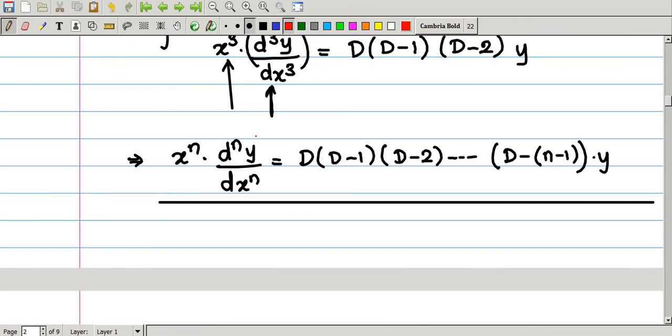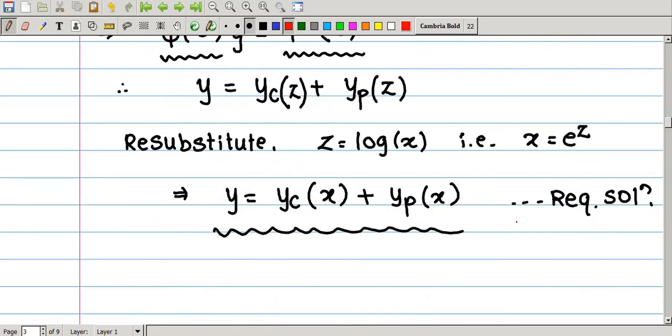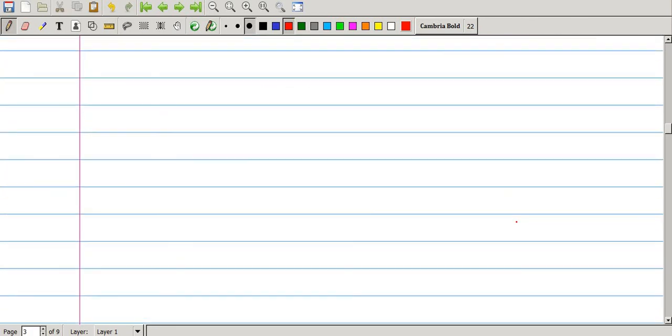If the derivative is of order n, then x must have power n, so that x raised to n into the nth derivative of y with respect to x will be replaced by n linear factors containing D, where D is a differentiation operator which will differentiate y with respect to z. Then resubstitute these values in the given differential equation to get the required general solution.